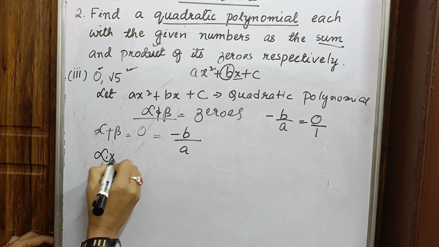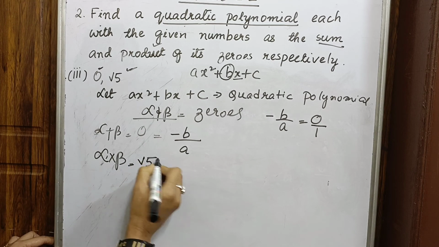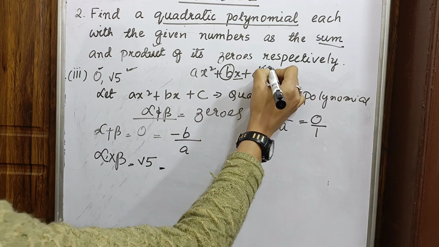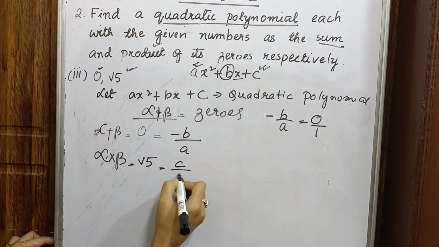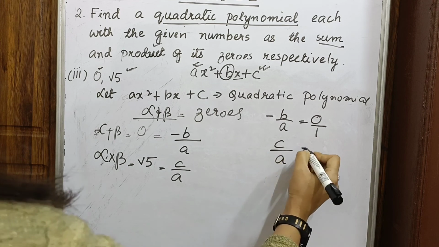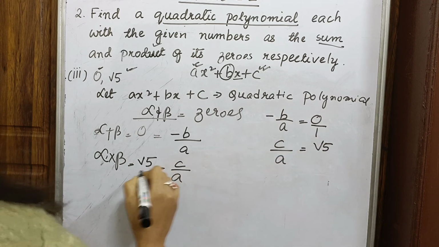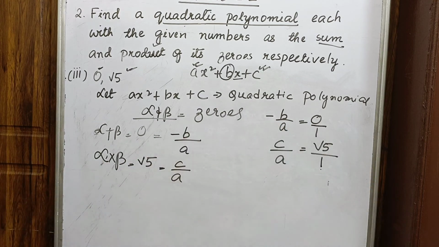So now what is the product of the zeros? It is root 5, which is the constant term by the coefficient of x square, which is a, c by a, okay? So c by a equals root 5 by 1 you can write, because root 5 by 1 is root 5.